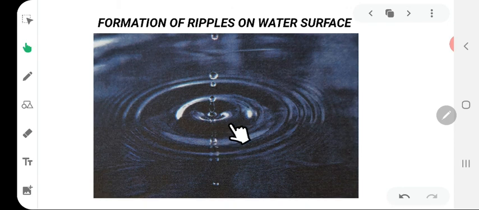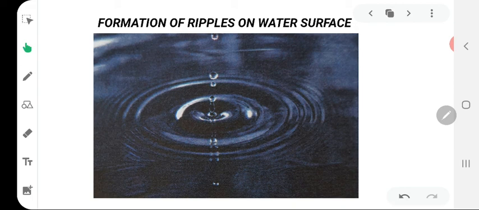The particles of the medium do not move forward themselves, but the disturbance is carried forward. Wave motion is a disturbance produced in a vibratory medium that travels from one point to another point, involving the transfer of energy but not the transfer of any matter of the medium with it.